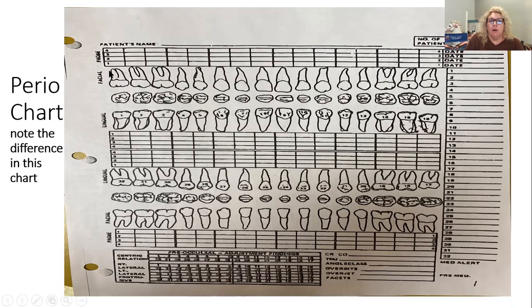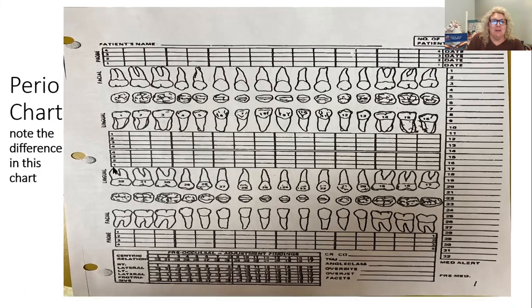We're going to start on the upper right, go across the buccals, drop around, coming around for the lingual, go back across the lingual. So I'm writing backwards here. Then we're going to drop all the way down to the buccal again of number 32 or whatever the most distal tooth is. Go across the buccal. I'm going to come around 17, the lingual, and come back across the 32.